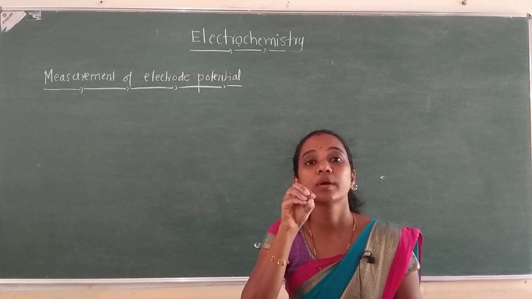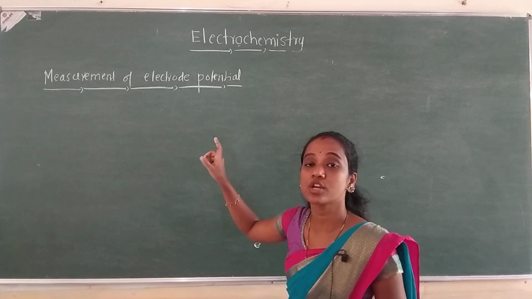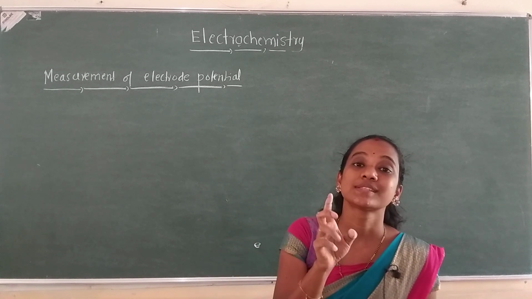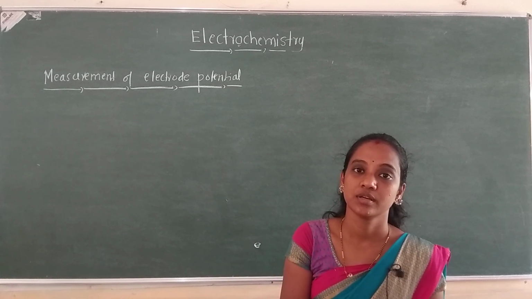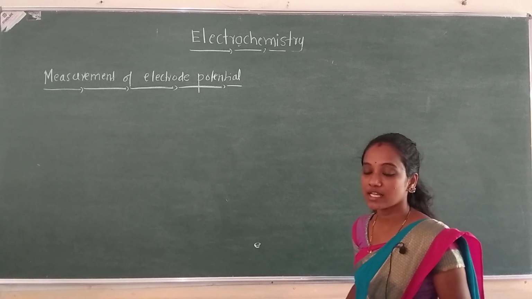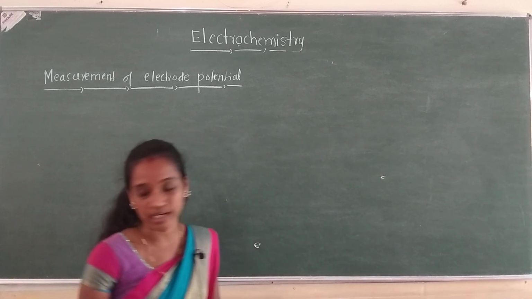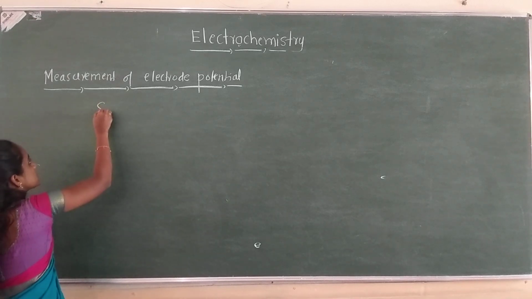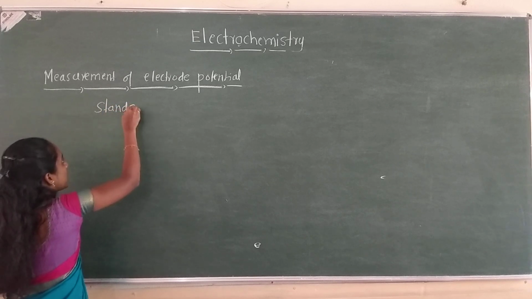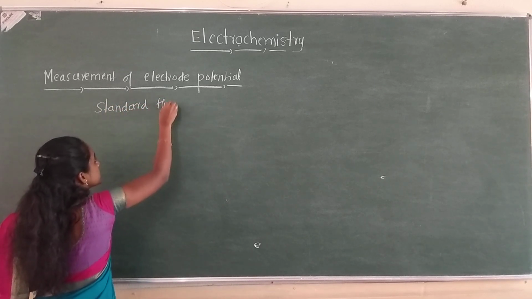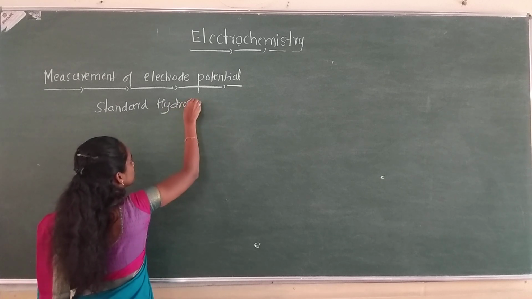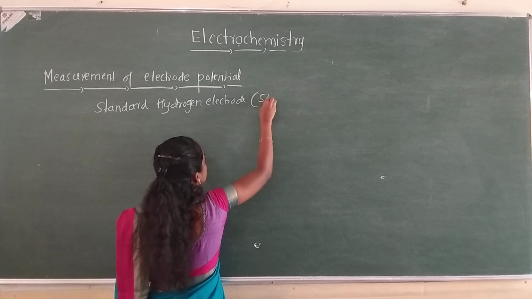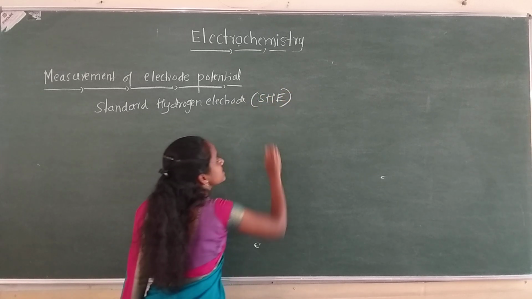So in order to measure the electrode potential of any single electrode or half cell, one standard electrode is introduced, that is the standard hydrogen electrode, which can be considered as a reference electrode. It is represented by the term SHE.